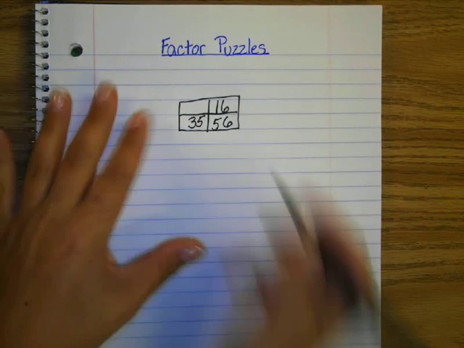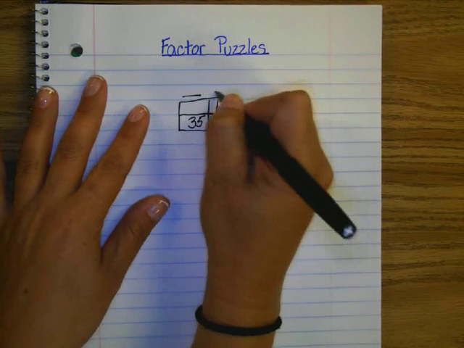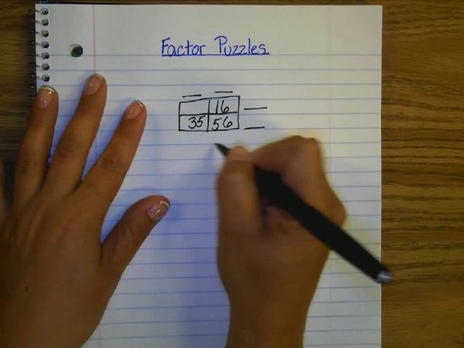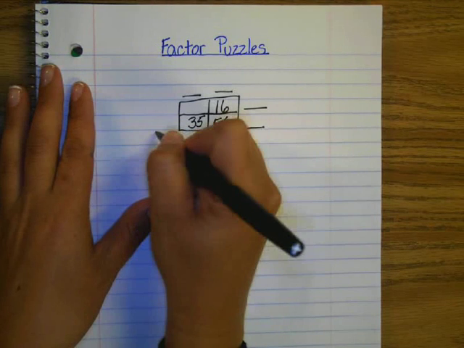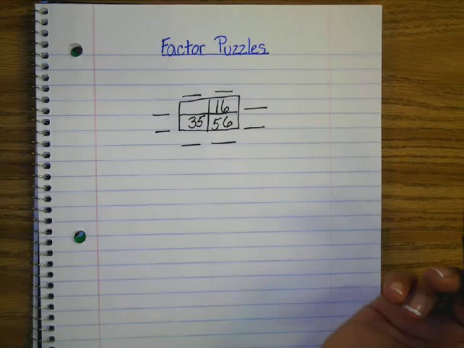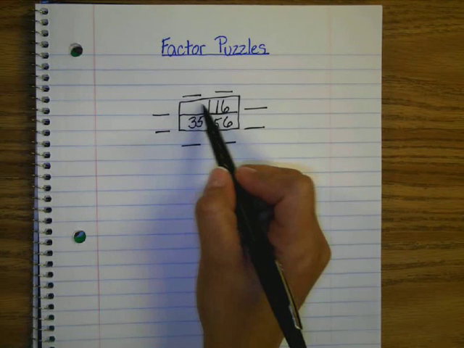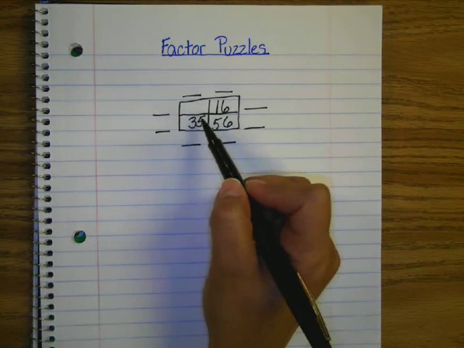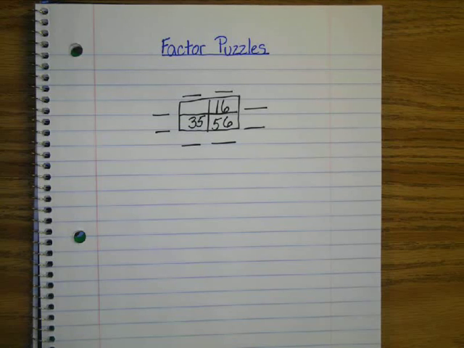And if you remember, there were lines where we had to write our answers also, right? So our goal with a factor puzzle is to figure out the missing box. The neat thing about factor puzzles is once we figure out one clue, it makes it pretty easy to figure out the others, right?